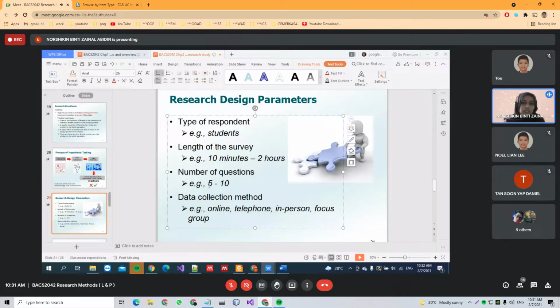Number of questions is how many questions you ask them, usually in a questionnaire. Data collection method is how you are going to get your data for your research, for example online, telephone, or observation. For Facebook usage, the data collection method can be observation. We observe how long they use Facebook. So that's the design parameter.